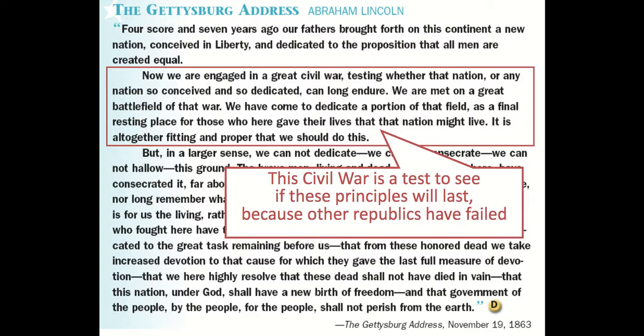In the second paragraph, I'm not going to read the whole thing, but ultimately what he's saying there is that this war is going to be a big test for the United States. These principles laid out in that first part, are they going to last? Are they going to stand? And this war is really going to be an important aspect of that.